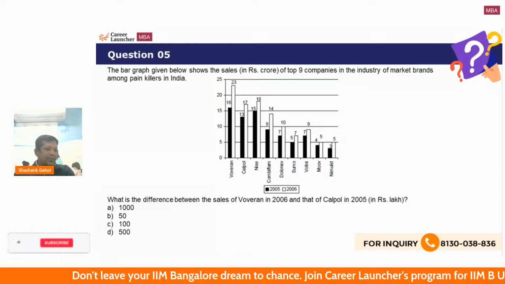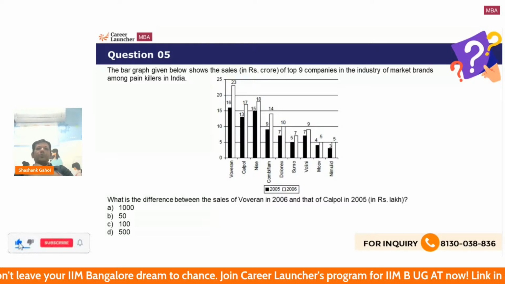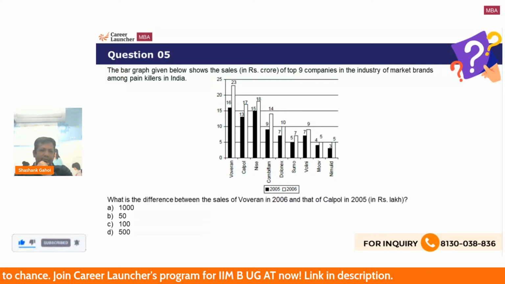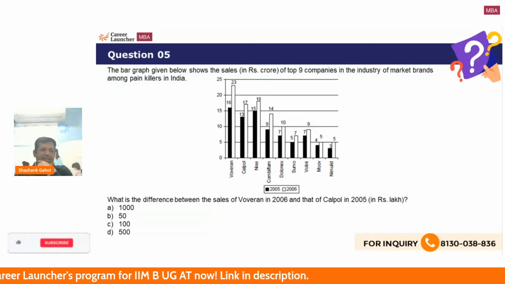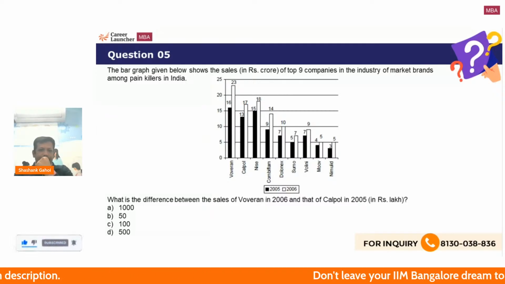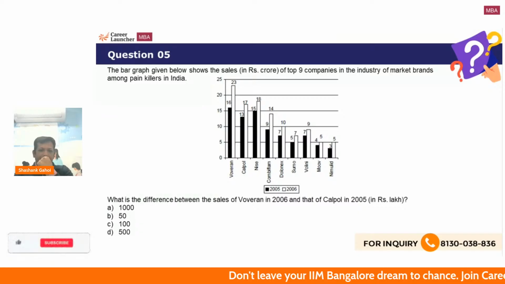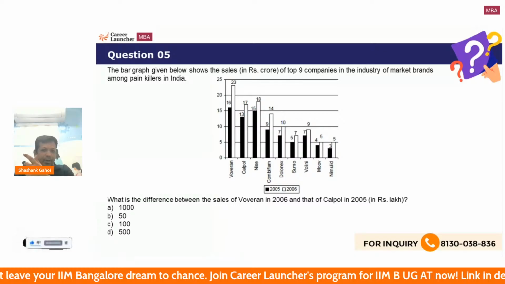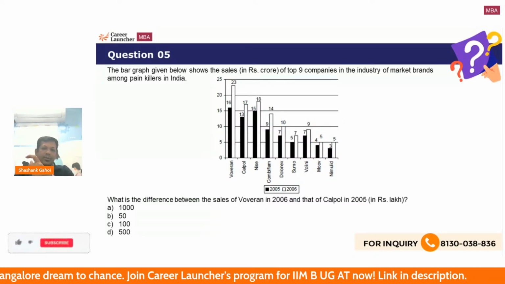The bar graph given below shows the sales of 9 companies. Okay, that's given. So what's the answer of this one? The black bar is giving you information about 2005.